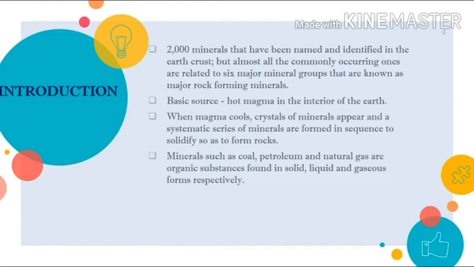When magma cools, crystals of minerals appear and a systematic series of minerals are formed in sequence to solidify so as to form rocks. Minerals such as coal, petroleum, and natural gas are organic substances found in solid, liquid, and gaseous forms respectively.